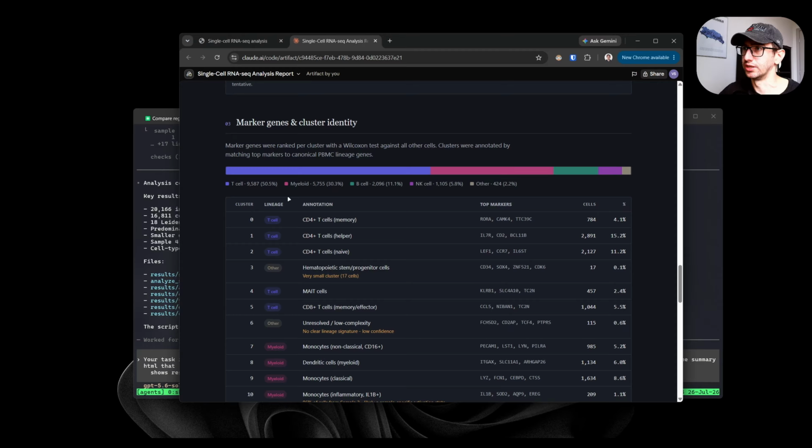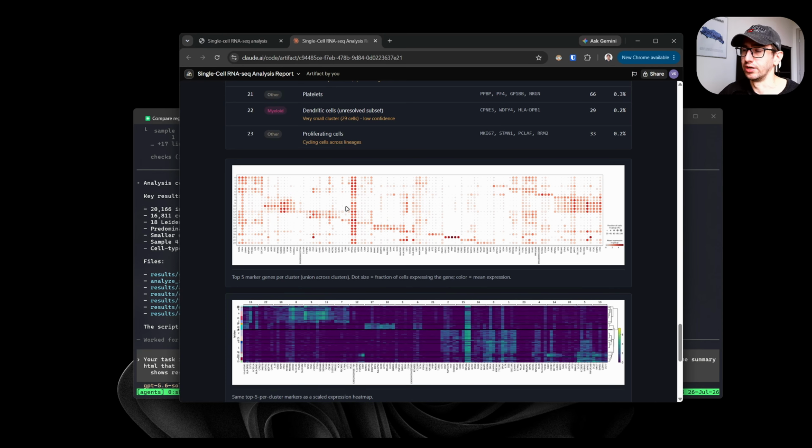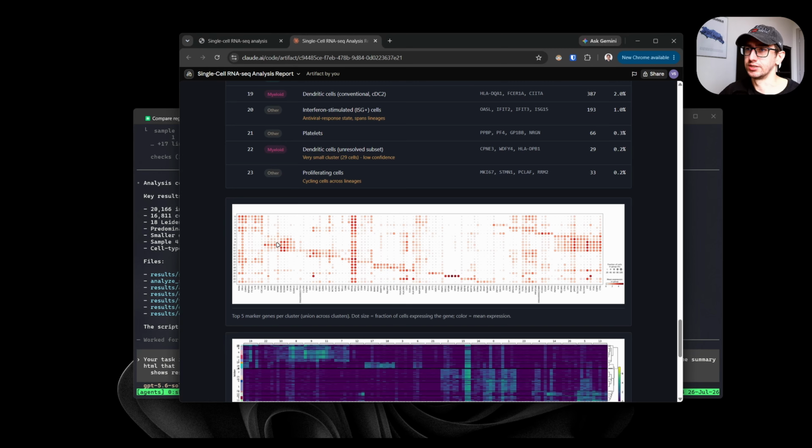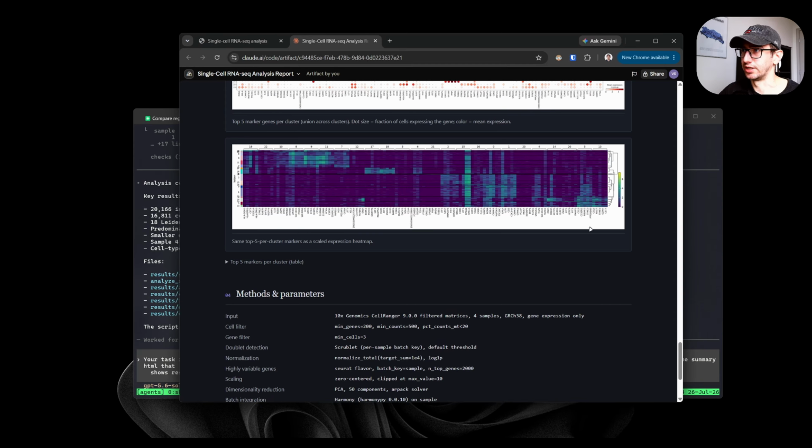Here we can also see the composition of different cell types in our data, very nice. What I also really like is that this model provides a heat map and dot plot. We can really double check that the cell type annotation assigned to the cluster is indeed what we expect from our biological knowledge. And then we also have this nice heat map.